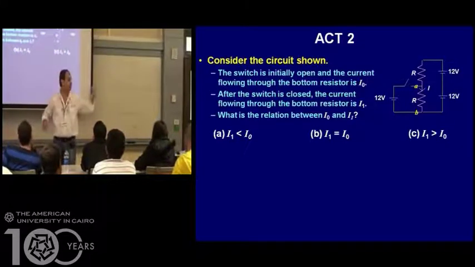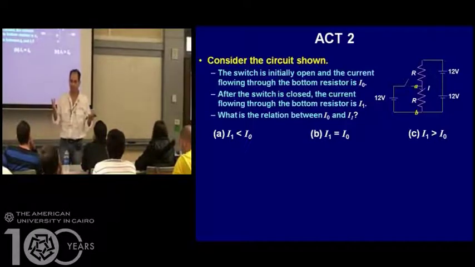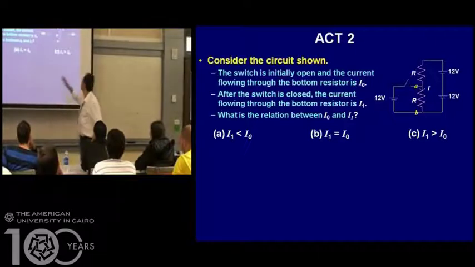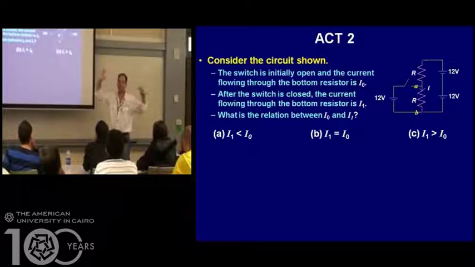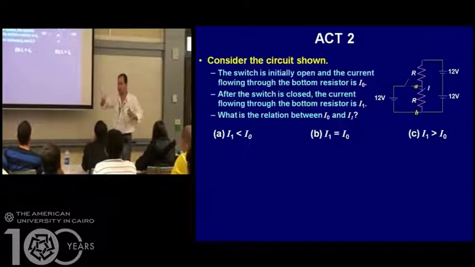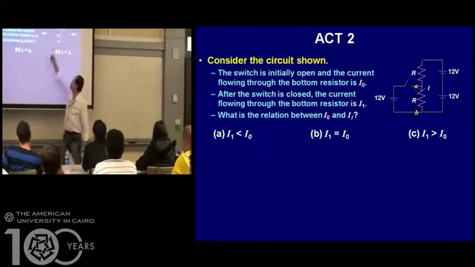But now, to analyze that circuit, we have to concentrate on a loop. Before I switch the switch on, obviously I have only one loop. That's not a problem. After I put the switch on, I have two loops. I can choose either loop to solve the problem.